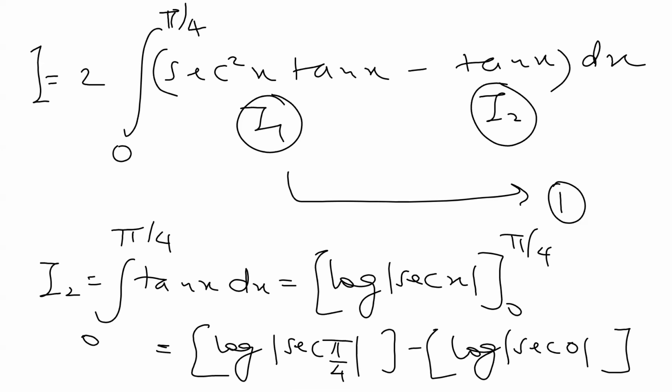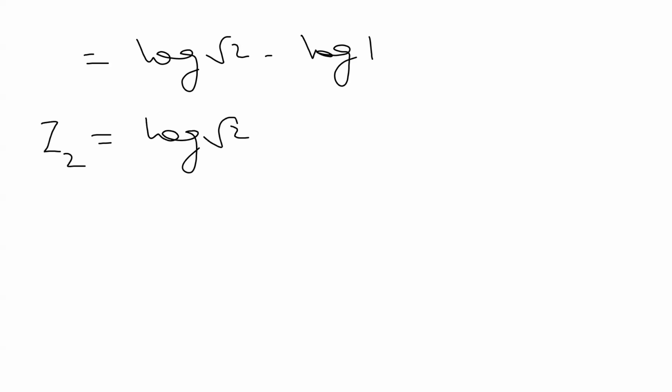Sec 45 is 1 upon cos 45, so it's the reciprocal of cos 45. So that's root 2. Sec 0 is 1 and log 1 is 0. So the answer of I2 is log root 2.